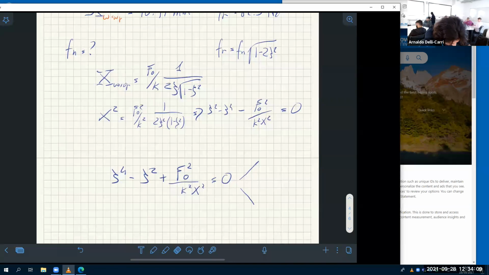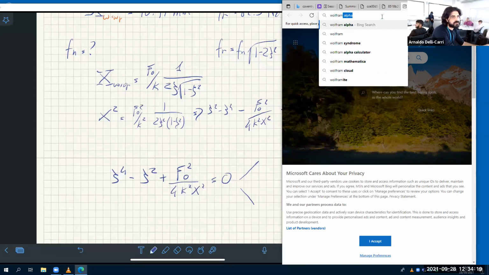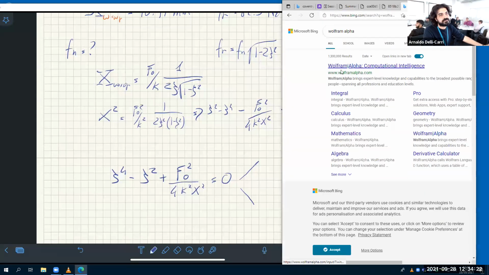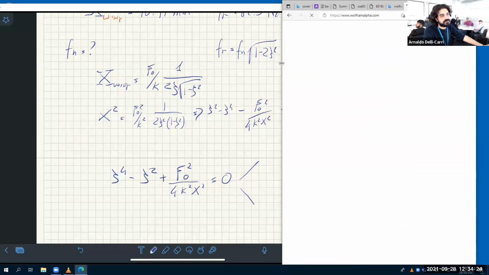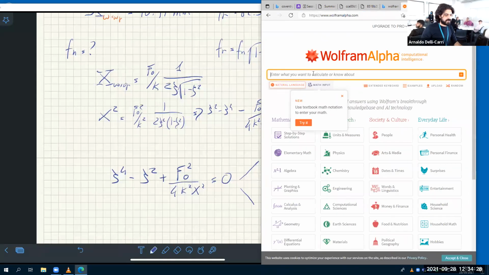Okay, all right, thank you very much. Wolfram Alpha. Again, you should do this by hand, though. Okay, I'm not doing this by hand because I'm lazy.